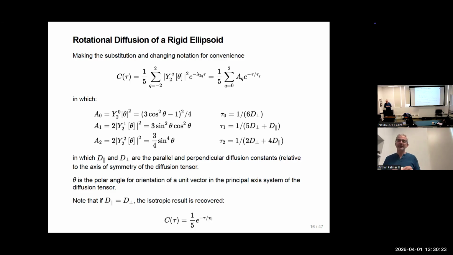It's a similar problem that comes up with residual dipole coupling. If you don't have a quasi-uniform distribution of orientations, residual dipole coupling also becomes more difficult to measure and interpret.